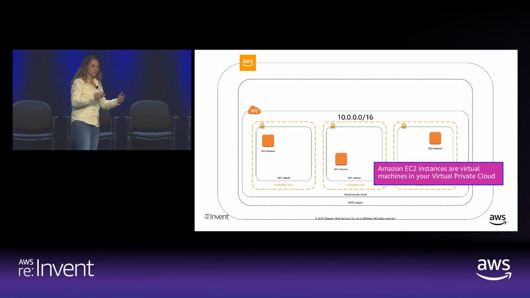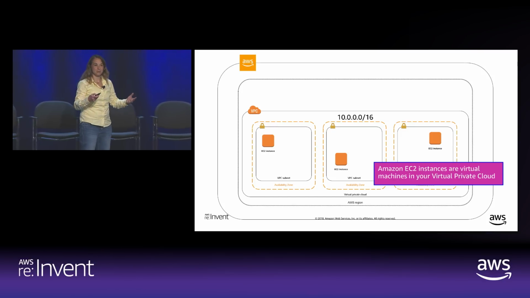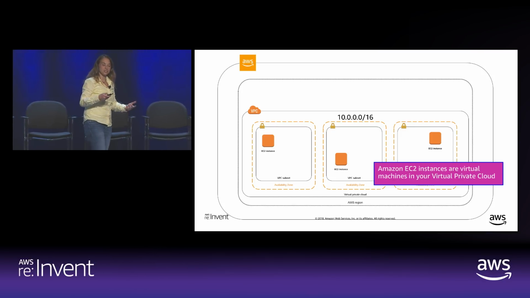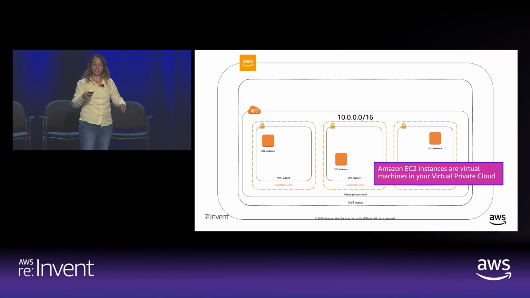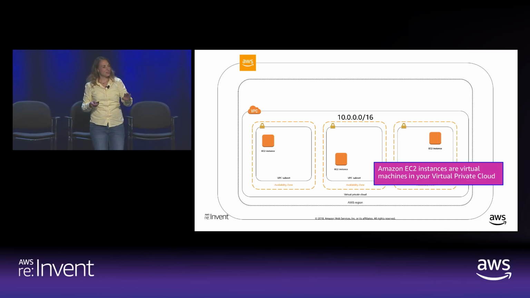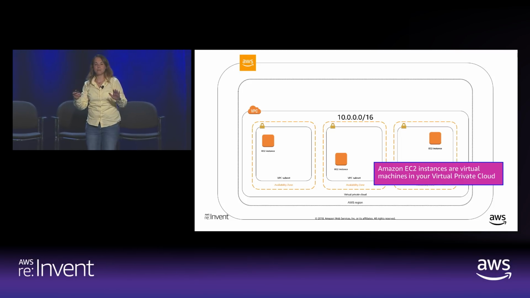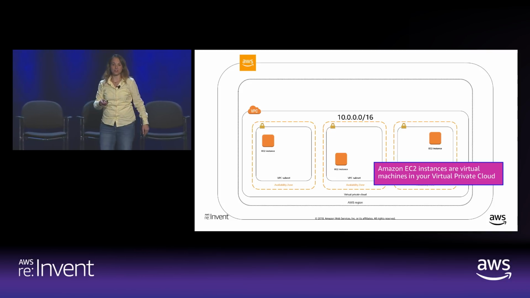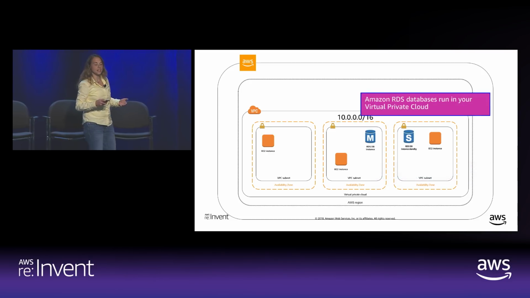These run in your subnets, in the availability zones, in your network, in the region that you've chosen to run your VPC in, and all of this is owned by your account. Now, EC2 is only one of many AWS services that runs infrastructure in your network. Really, it's anything in AWS that's managing infrastructure dedicated to you. One example is our relational database service, RDS.